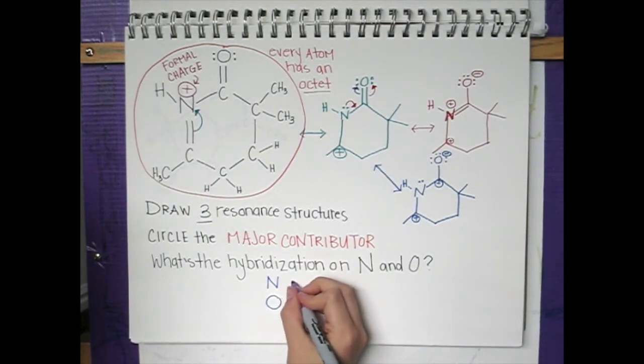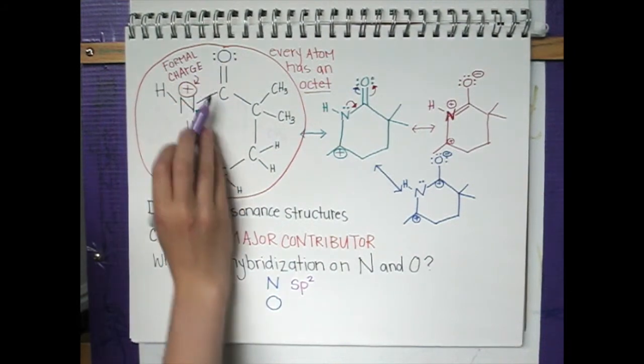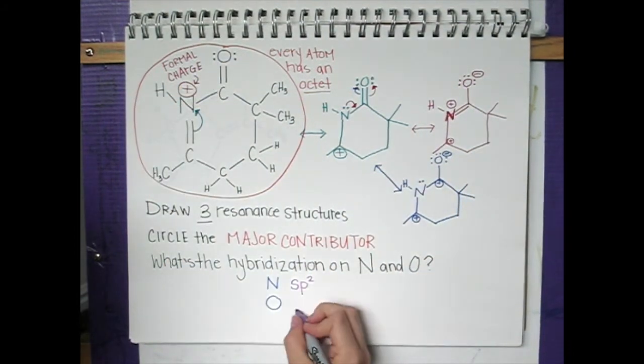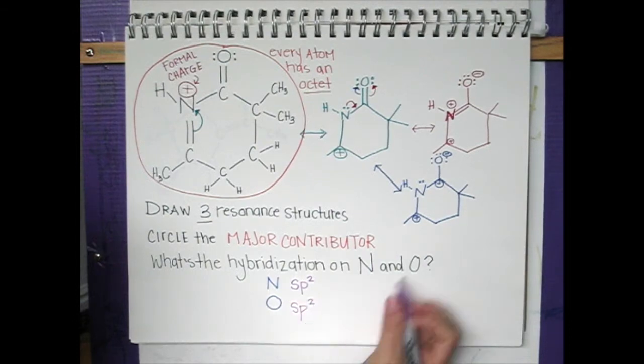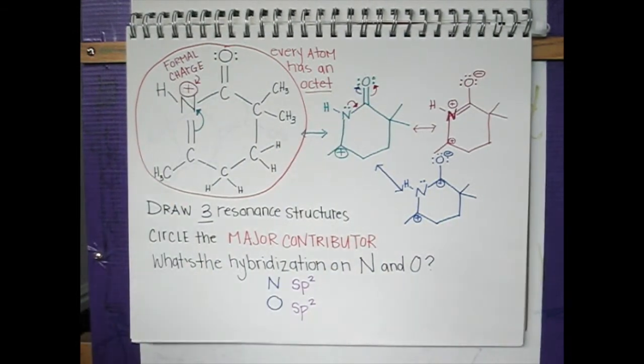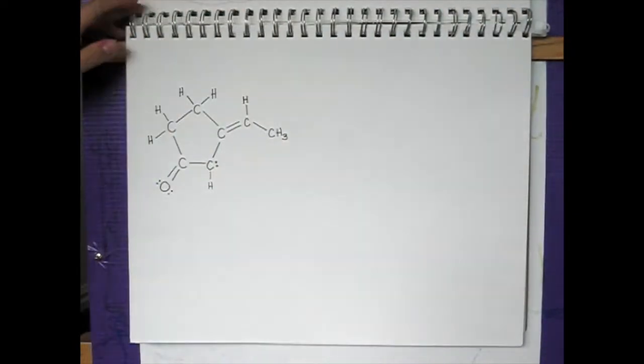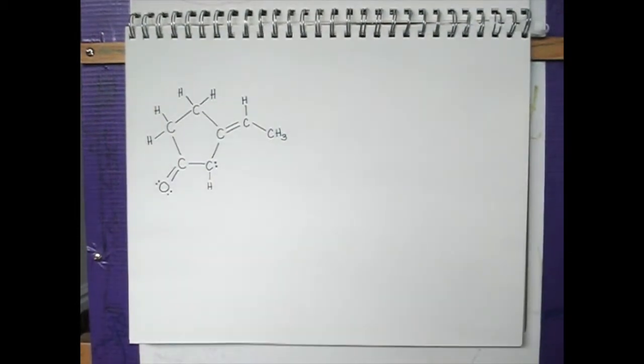So he has an sp2 hybridization because he can do pi bonds. Same with oxygen, he has an sp2 hybridization in all 4 of those structures you see. Okay, let's move on to the next example.